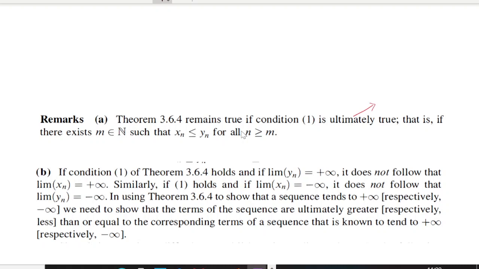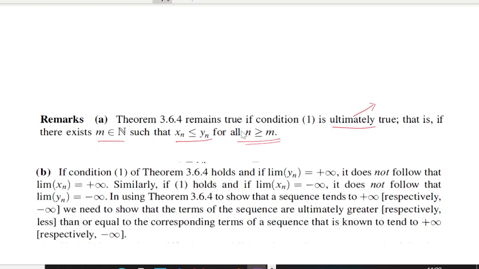Ultimately true means that there exists an m belongs to N such that xn less than or equal to yn for all n greater than or equal to m. So after a particular stage, when your xn values are less than or equal to yn, then again you can use this theorem.